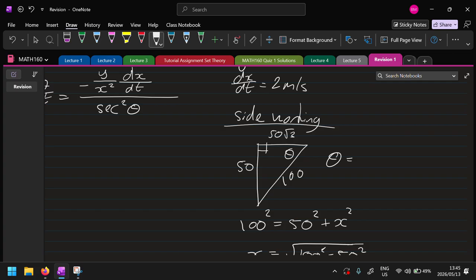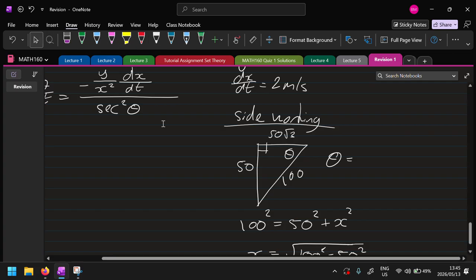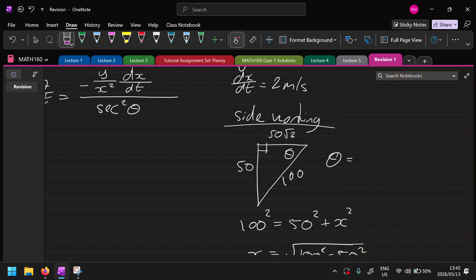Yeah, you can use any method. You can use whatever you want. Yeah, you can use sec squared. So that's going to be hypotenuse over adjacent. Yeah. So what will that be? 0.52.